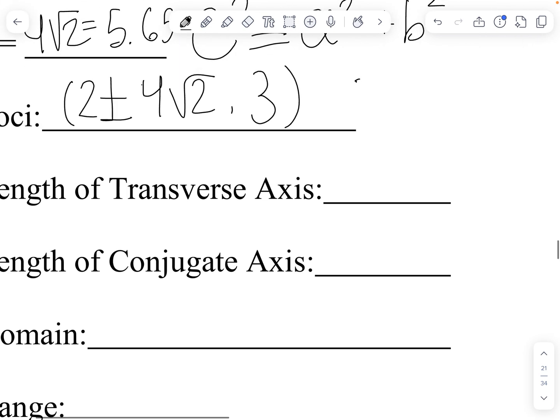Time for the lengths of the transverse and conjugate axes. This is just a and b doubled respectively. So this would be 4 root 3 and 4 root 5.